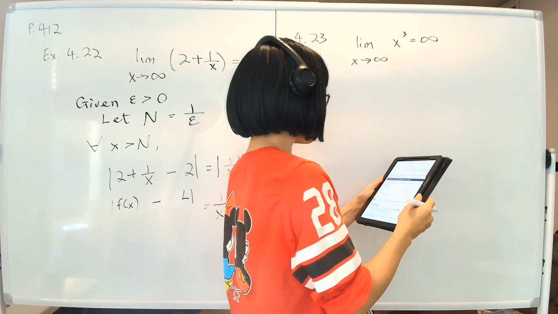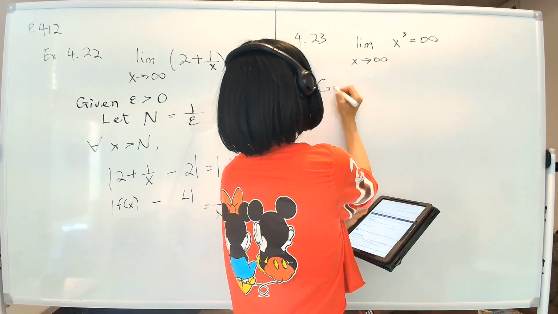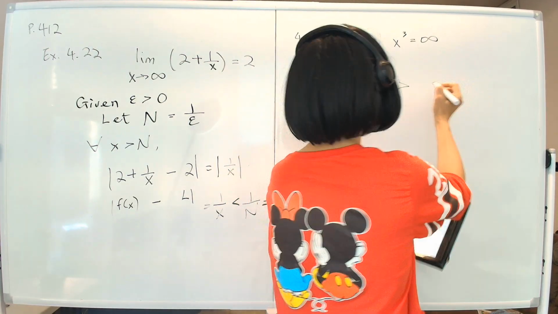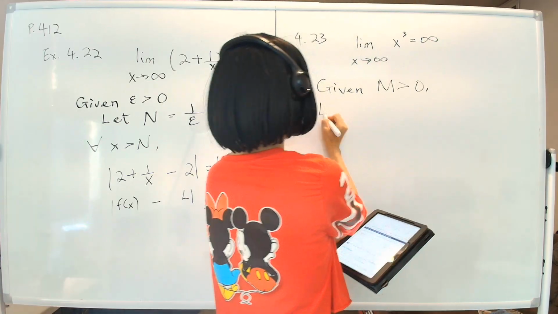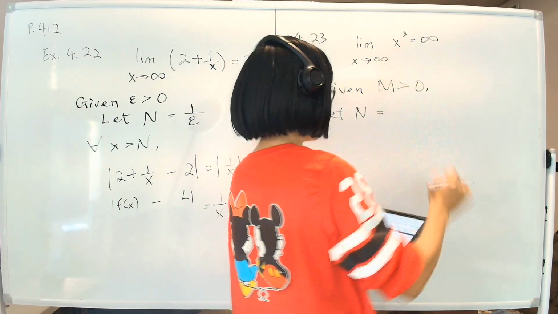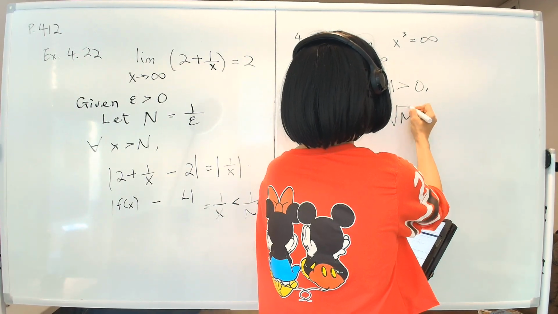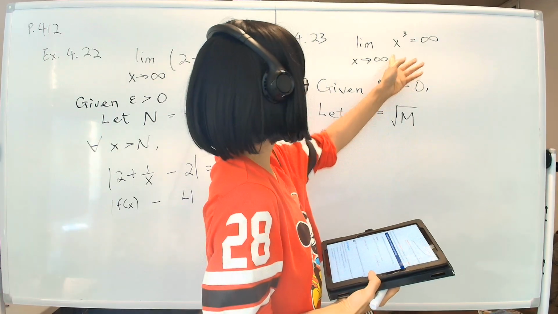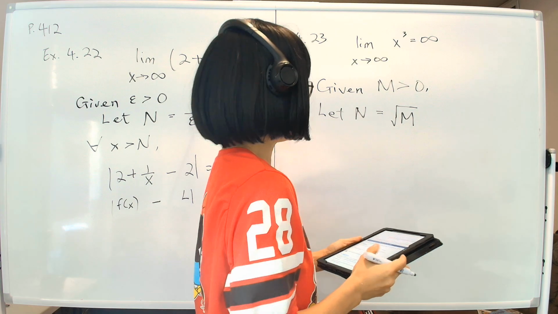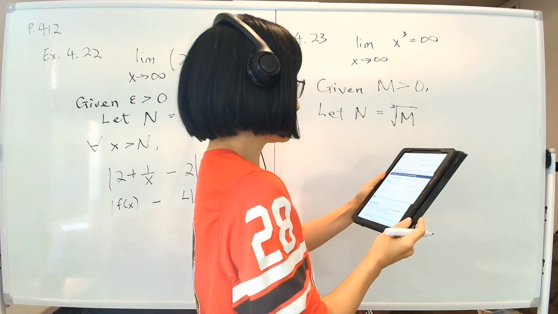So given from the definition, given any large number M bigger than 0, we'll let N equal the cubic root of M. That is because it's x to the power 3, we get it such that it comes out to be identical. So cubic root.